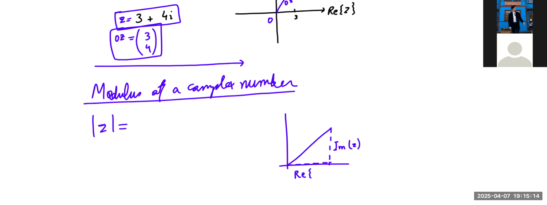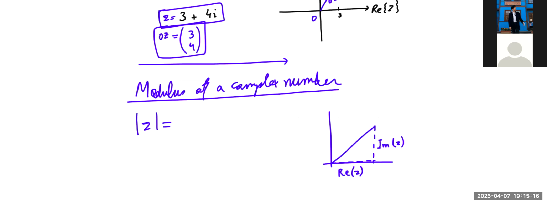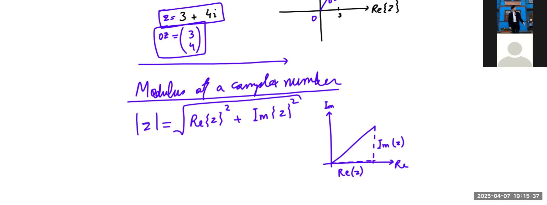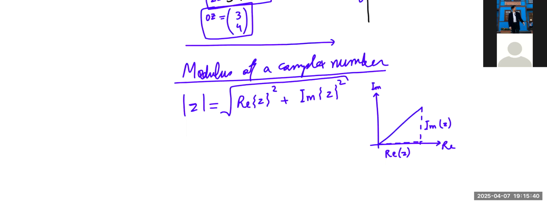So the modulus, or the length of the position vector of a complex number on the Argand diagram, is simply Pythagoras theorem. Square the real part plus square the imaginary part and then square root the whole thing. So this is the imaginary axis, this is the real axis. That's called the modulus of a complex number.